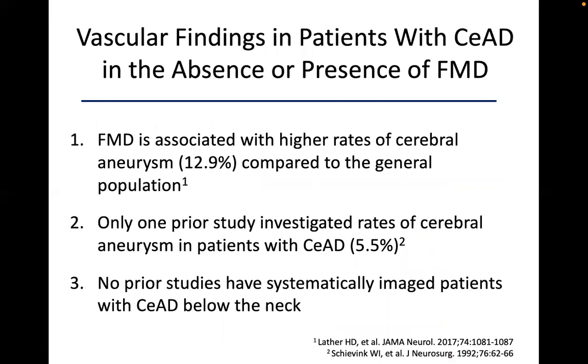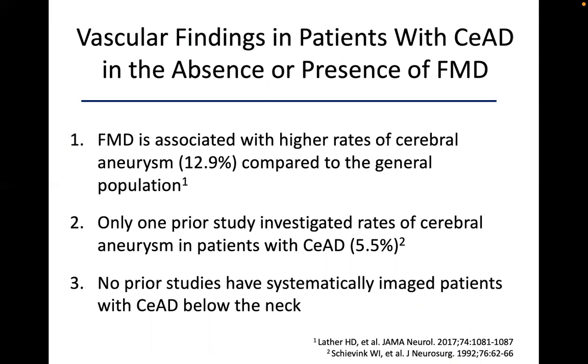In terms of other vascular findings that we can glean from the available data today, we know that FMD is associated with a higher rate of cerebral aneurysm, about 12.9%, from the US Registry for FMD, and this is compared to the general population, which is about 5% in the literature.